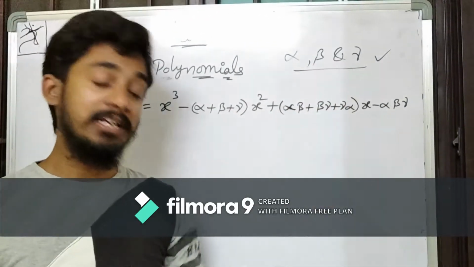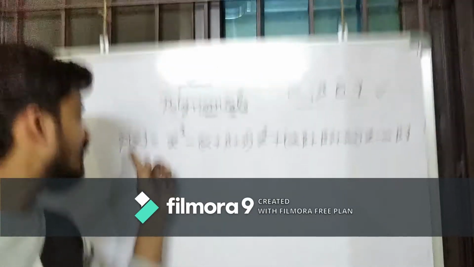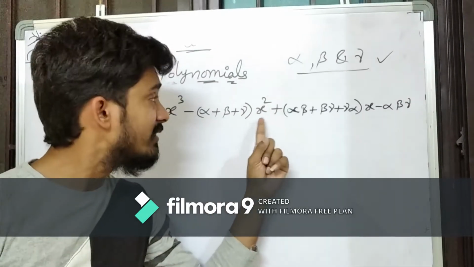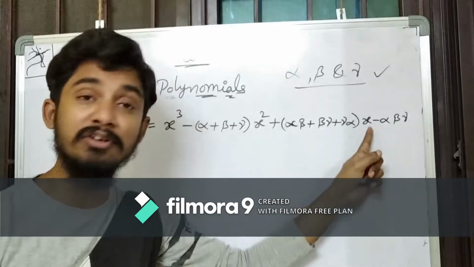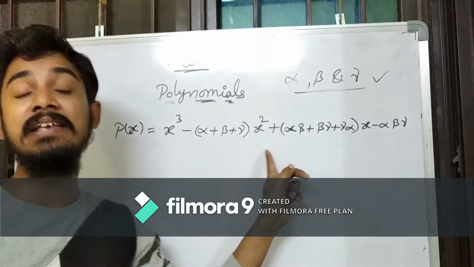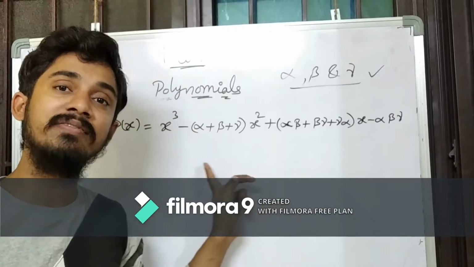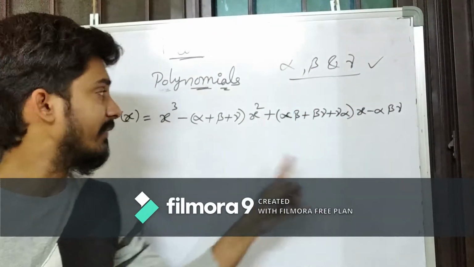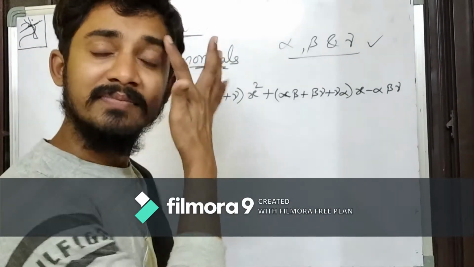If alpha comma beta and gamma are zeros of a cubic polynomial, then the equation of the cubic polynomial is p of x equals to x cube minus sum of the zeros into x square plus sum of the product of the zeros into x minus product of the zeros. This one is the equation of a cubic polynomial if the zeros are given.